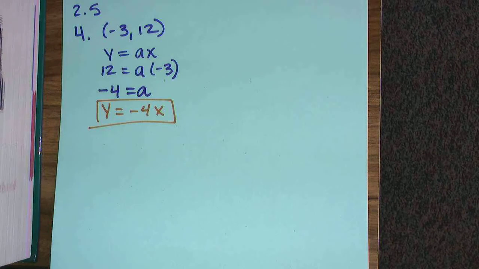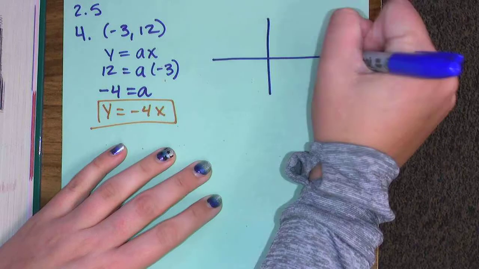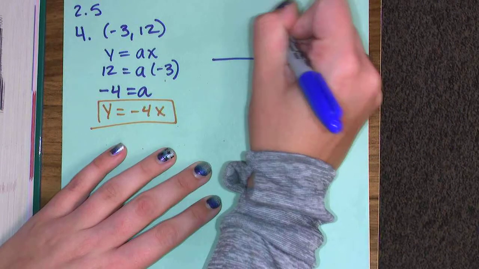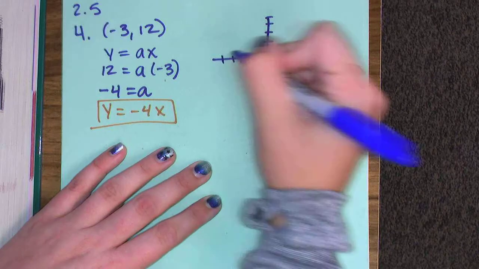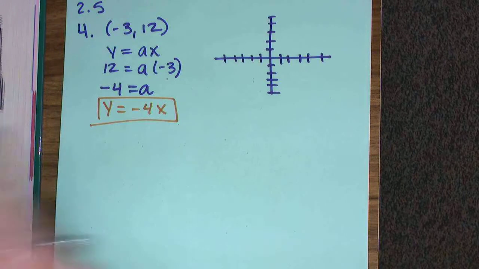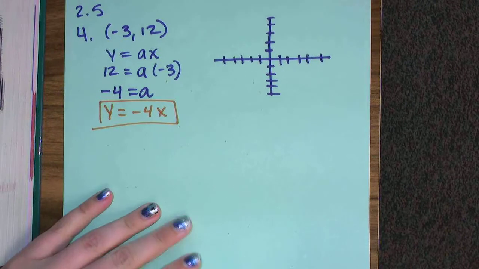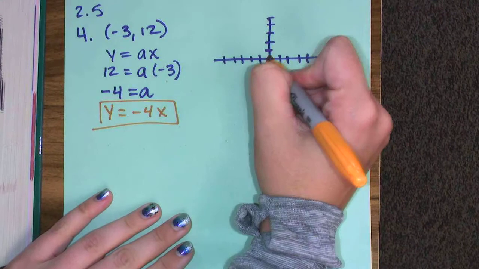And then we graph it just like you would a regular line. So how would I graph this if I just gave that to you and said graph the line? Right here? Okay.